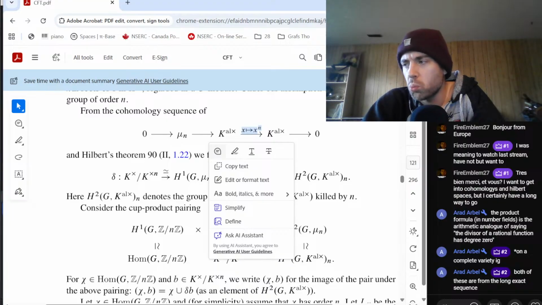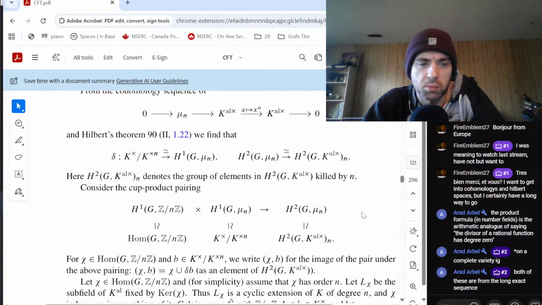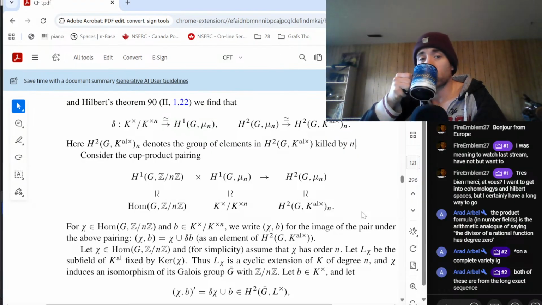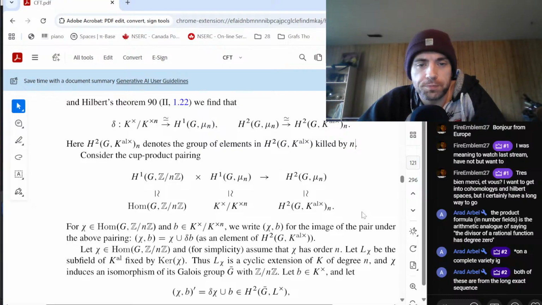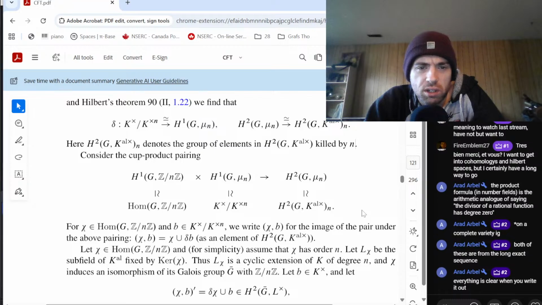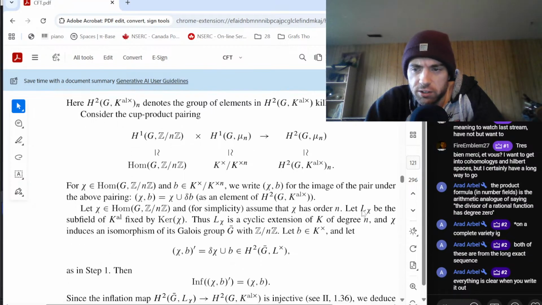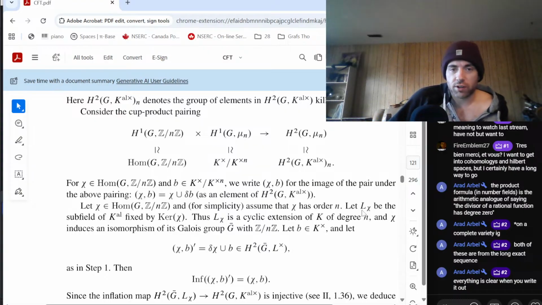So, okay, I believe it. Okay, so the cup product gives us a pairing here. Everything is clear when you write it out. Yeah, I do need to write it out.